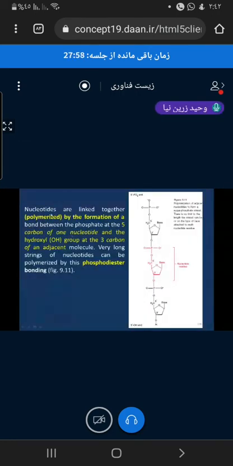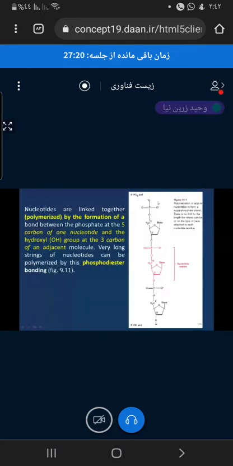Nucleotides are linked together by the formation of a bond between the phosphate and the 3' carbon of an adjacent nucleotide.